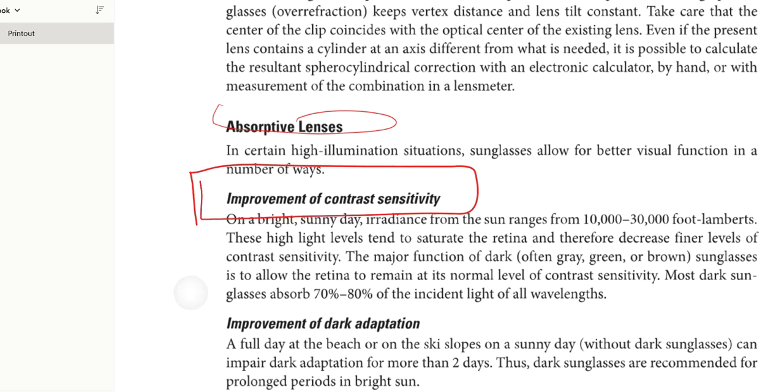Improvement of the contrast sensitivity. These are very important. Okay, this MCQ has come: most dark sunglasses absorb 70 to 80% of the incident light of all the wavelength.